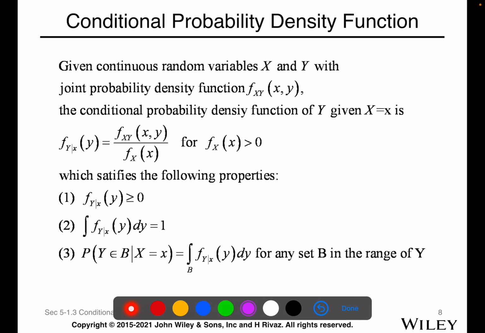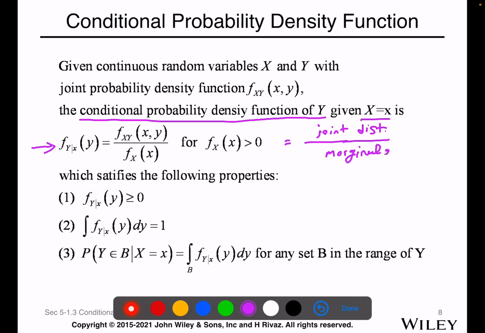The conditional PDF of y given x is defined as follows: the joint distribution divided by the marginal of x.